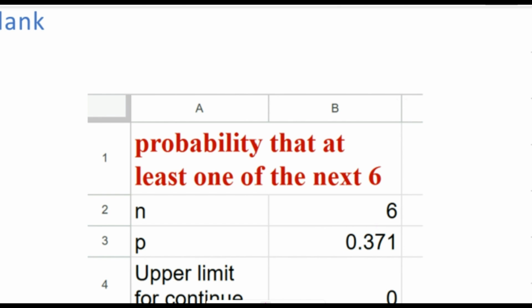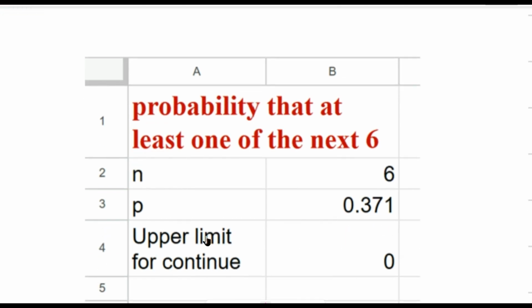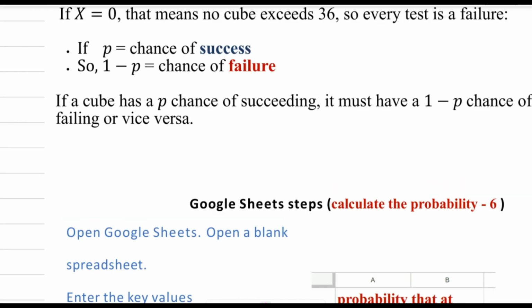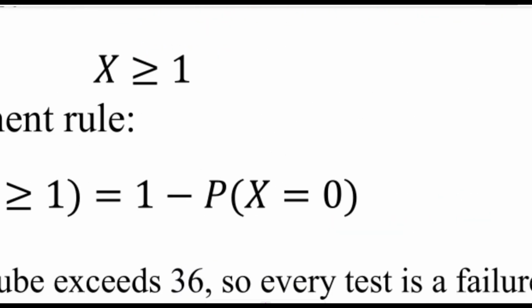And the upper limit, we know that the upper limit is 0 because we are going to calculate the failure now when x equals 0. Just to remind you, x equals 0 here. So this is called the upper limit as we are going to calculate the failure now.